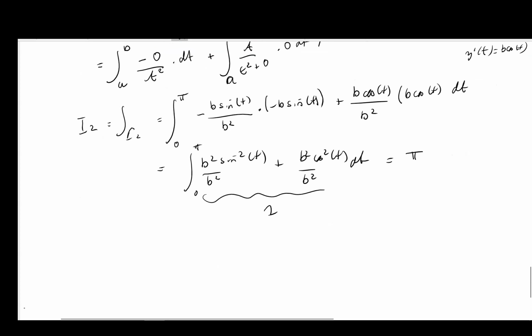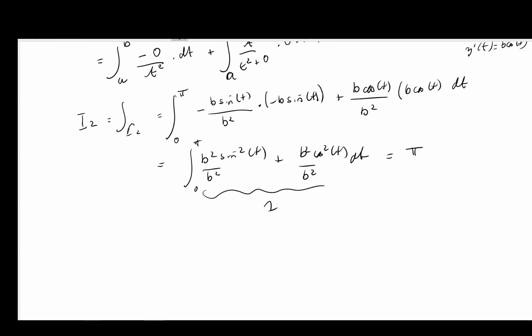All right, so let's do the I3 part. I3 goes from point C to point D. We described this as x of t equal to t, y of t equal to 0, and t goes from negative b to negative a.